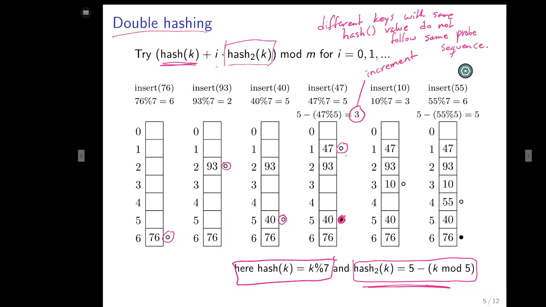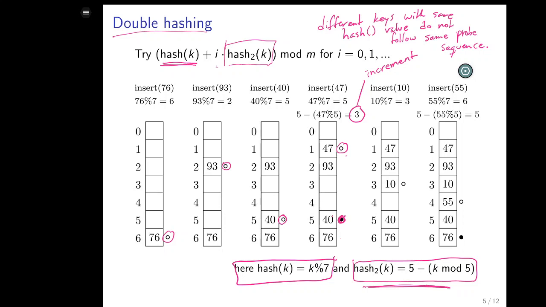And that's good for reducing secondary clustering. It's good for separating things that hash to the same location. If you have a lot of stuff that's hammering on one location, they will be spread out as long as you have the different secondary hash function.